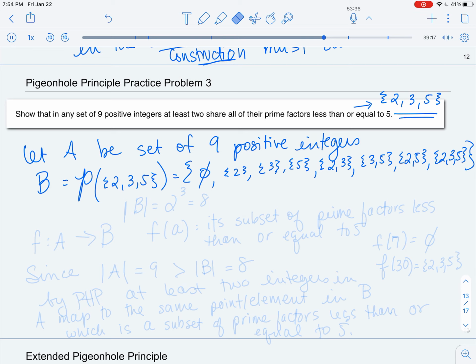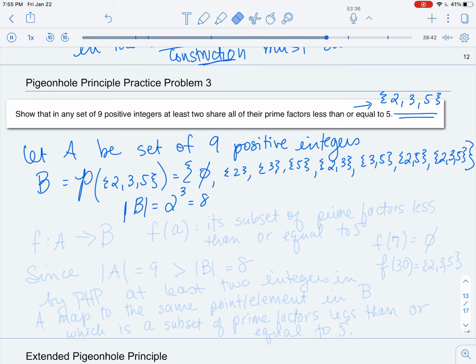Okay, so we just enumerated this power set of all the prime factors less than or equal to 5, and now we want to think about the size of this power set. The size of this power set is going to be 2 to the 3, where 3 is the cardinality of the set of prime factors less than or equal to 5, which is 8.